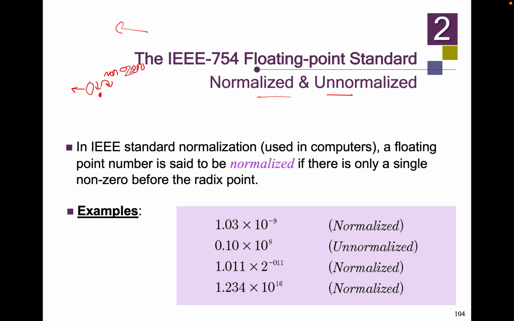Whatever number excluding the 0, then you're going to have the normalized. So from here, let's say we have 103. So you have starting here 1, so it's shifted to the left one time.